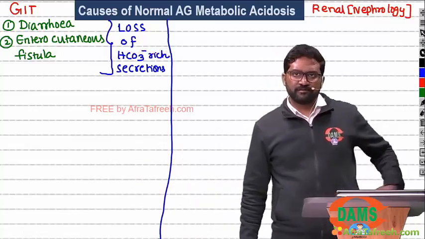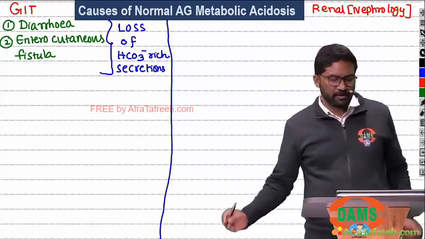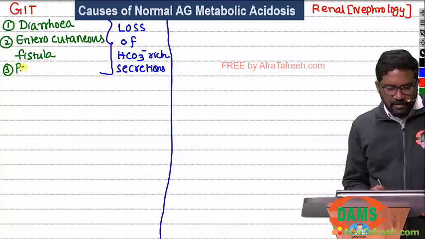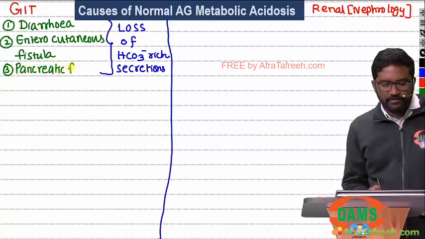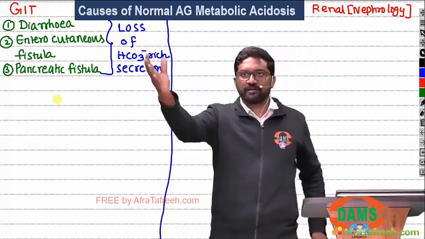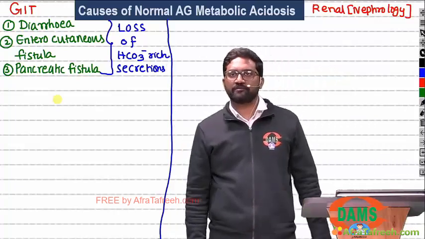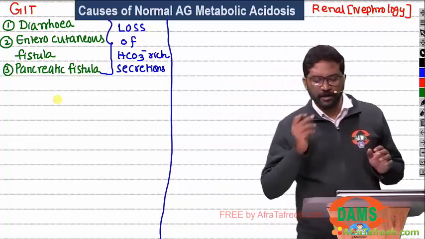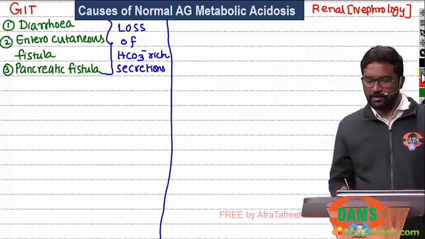Intestinal secretions rich in bicarbonate can be lost. And third is a pancreatic fistula. What is the source of bicarbonate to your lower GIT? Pancreas. Now from the pancreas there is a connection to the outside. Through that connection, pancreatic secretions rich in bicarbonate can be lost.